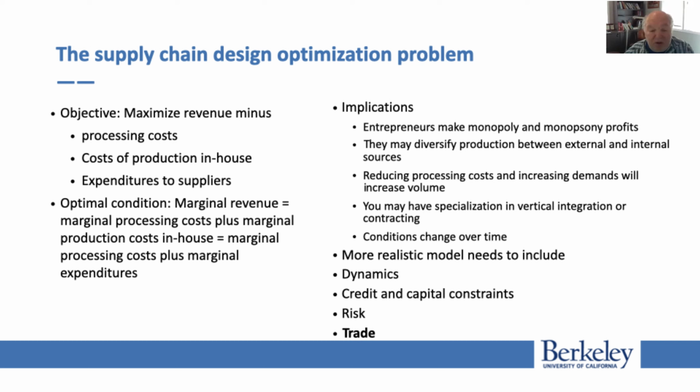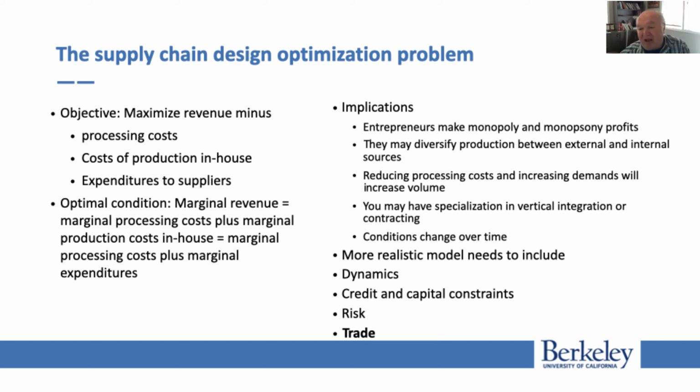So the optimal condition is that the incremental revenue from an additional unit of output will be equal to the extra cost of processing plus the extra cost of production of the feedstock.